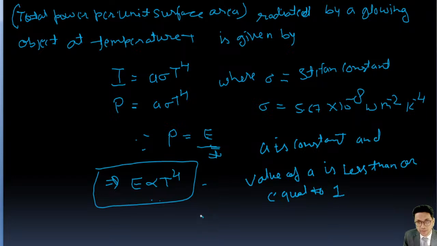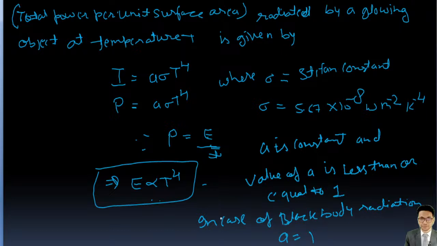In case of black body radiation, the value of A is 1. So here we can write E equal to sigma T to the power 4 for the case of a black body, and the total intensity is going to be I.